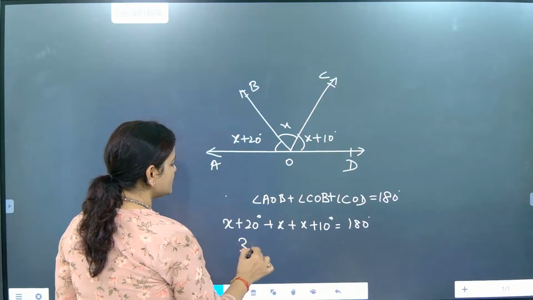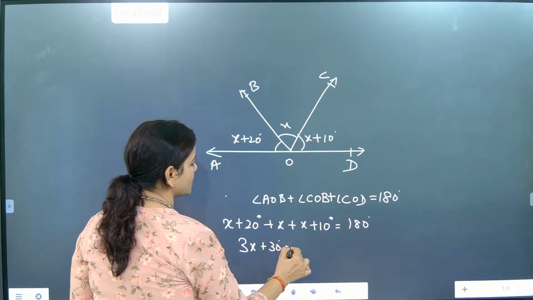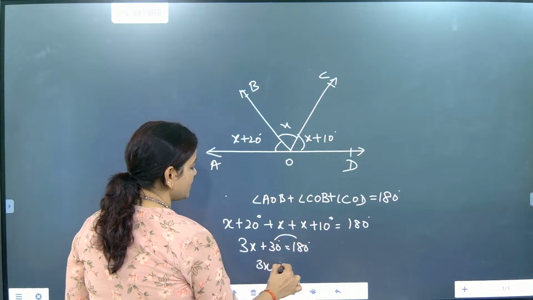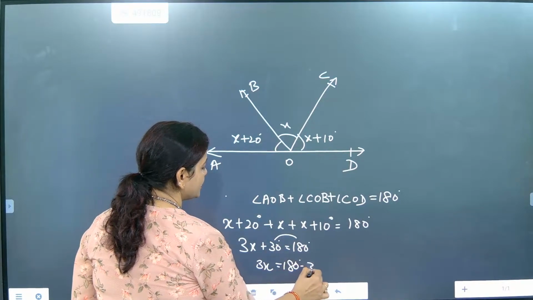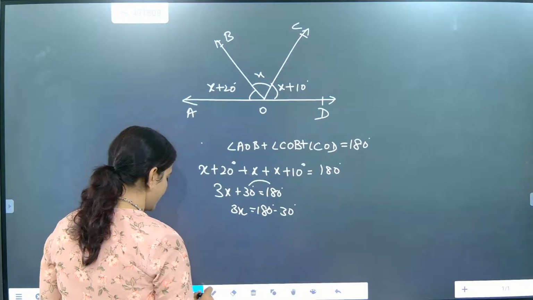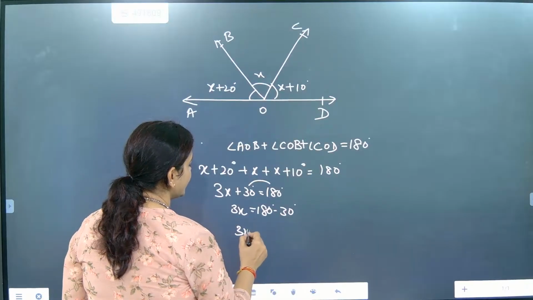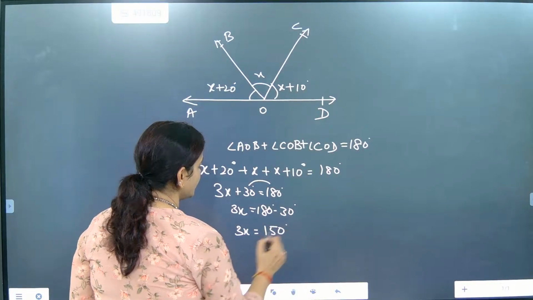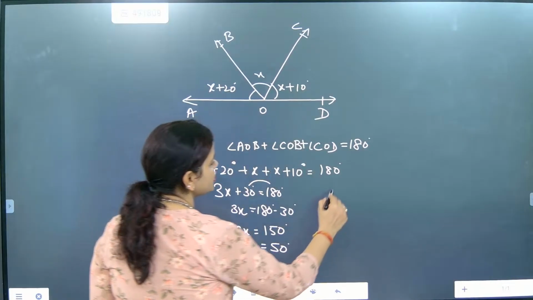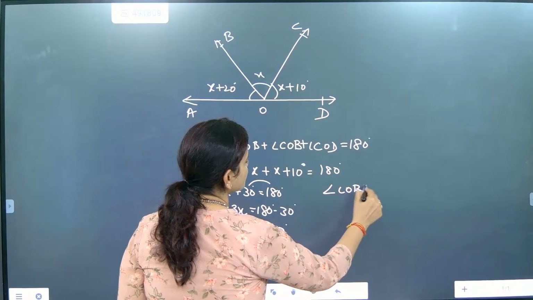Now here it is coming as 3x plus 30 degree equal to 180 degree. So 30 will shift there, 180 minus 30. It is coming as 3x equal to 150 degree. So x is equal to how much? 50 degree.